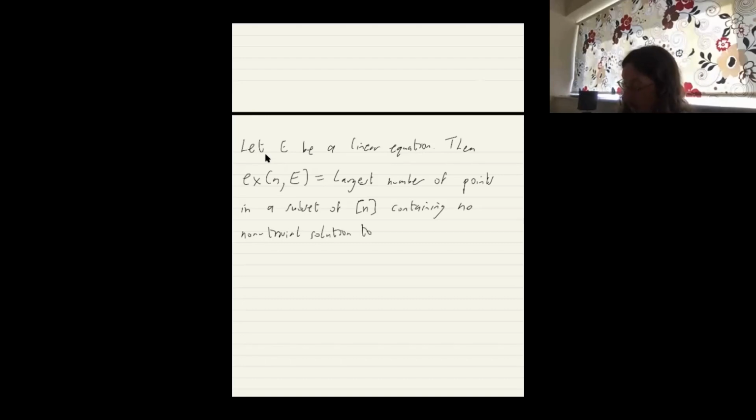What I mean by non-trivial can change depending on the equation, but for example, if you take E1 to be x1 plus x2 is equal to x3 plus x4, then the trivial solution is just when the set {x1, x2} is equal to the set {x3, x4}.